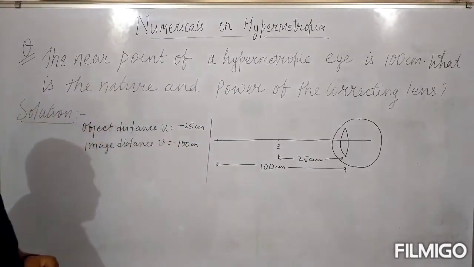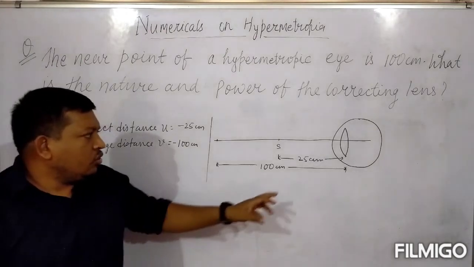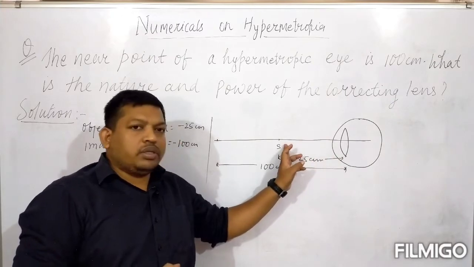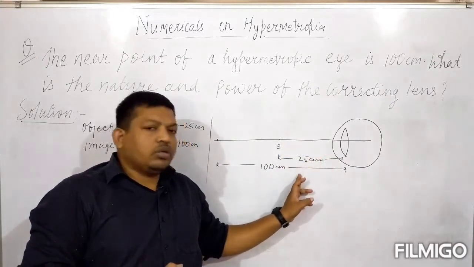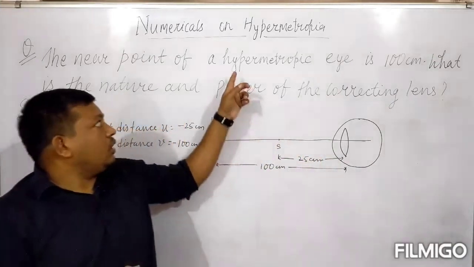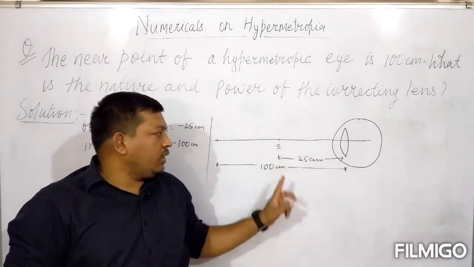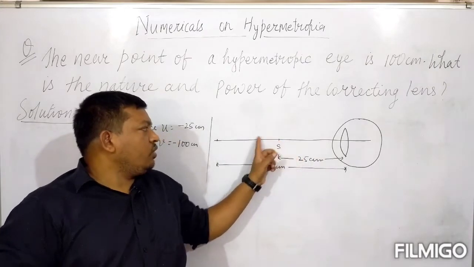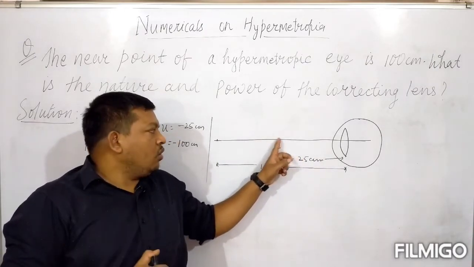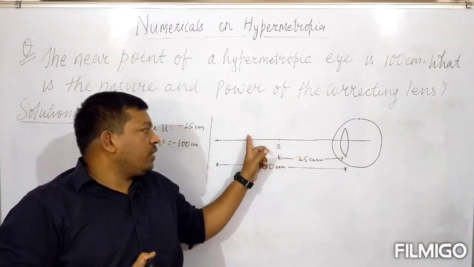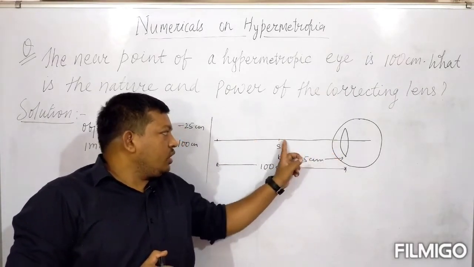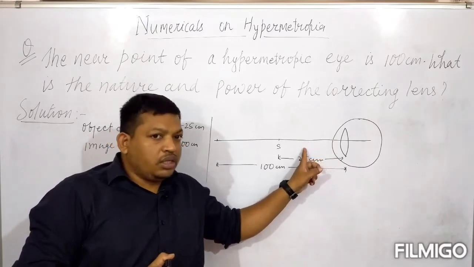Again I am repeating, the object which is kept from 0 to 25 centimeter is not visible for a person which has a hypermetropic eye. An object which is placed beyond 25 centimeter is visible for a healthy eye, but an object kept between 0 to 25 centimeter is not visible for a healthy eye.